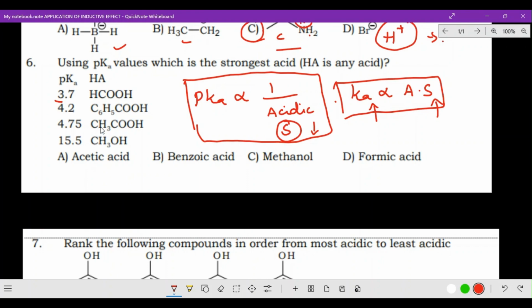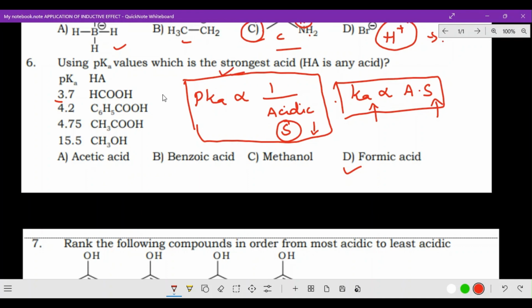So which is the correct option? I think I have given that idea by this time. You know very well which is the correct option. Formic acid is the correct option. Why? Because when the pKa value decreases, acidic strength increases, so it is the strongest acid. In that way also you can identify the strong acid.